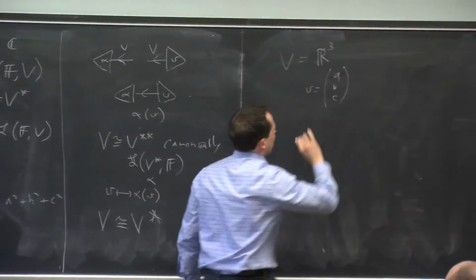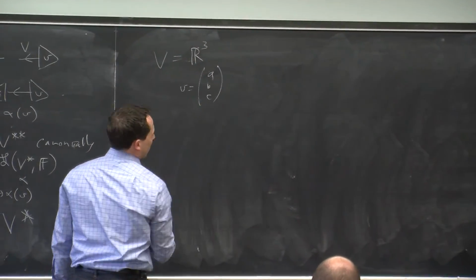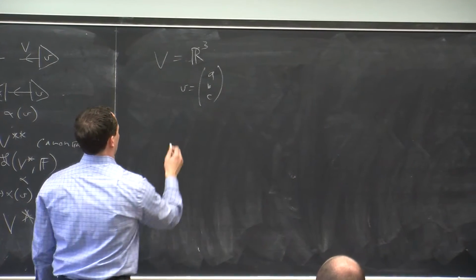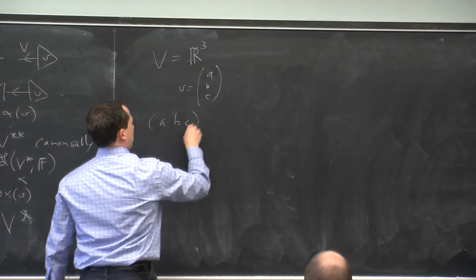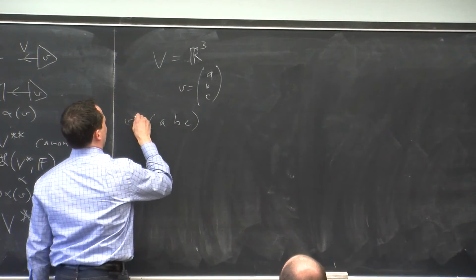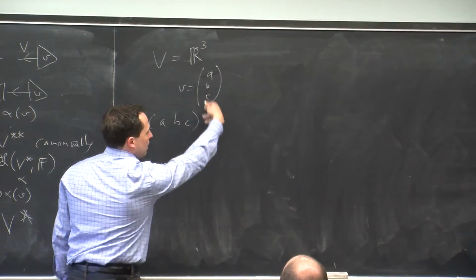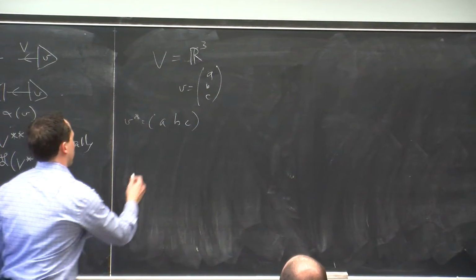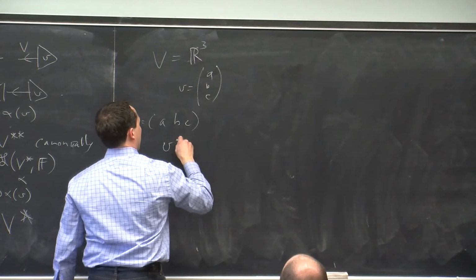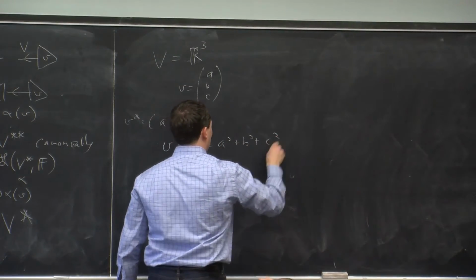That will make it better. I know how to associate an element of the dual space to that. Well, I can pick this element. That's in the dual space. That's a pretty good definition for what V star might be. And then given these two things, I can combine them to get this. I could take V star of V, and that's A squared plus B squared plus C squared.